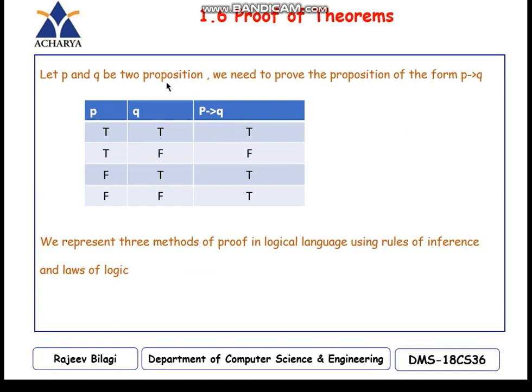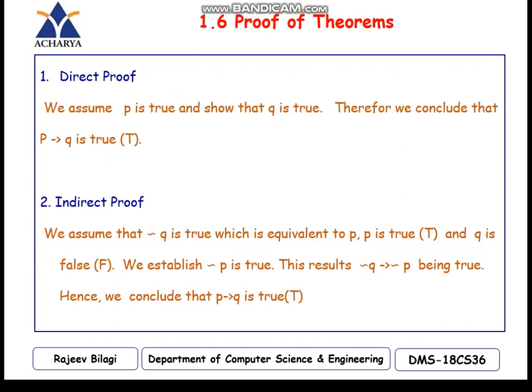Let P and Q be two different propositions, and P then Q is written as T, then F, then it is F, otherwise it is true. We represent these 3 methods of proof using some rules of inference and laws of logic.